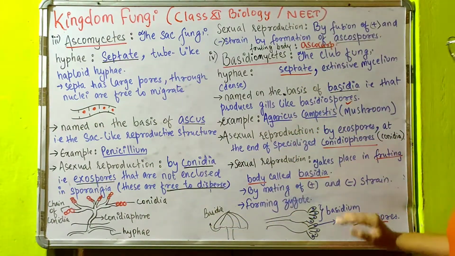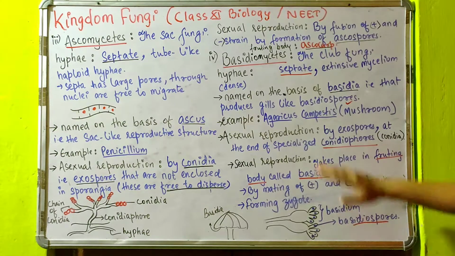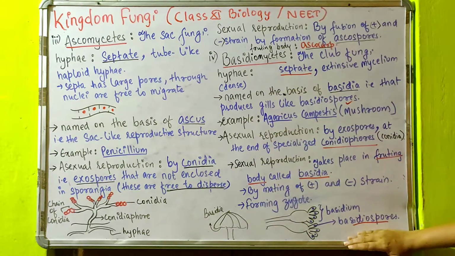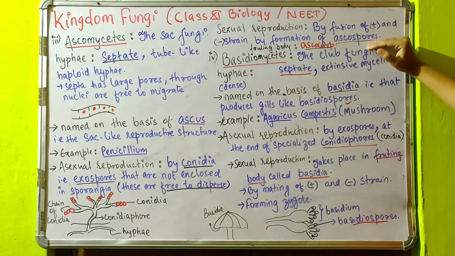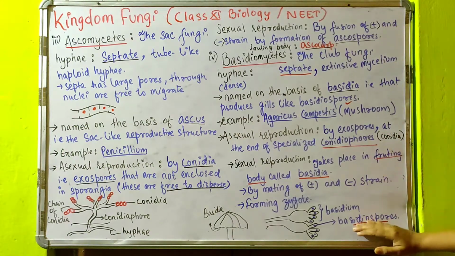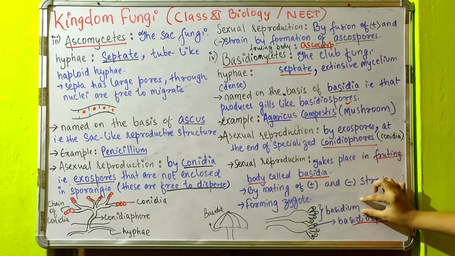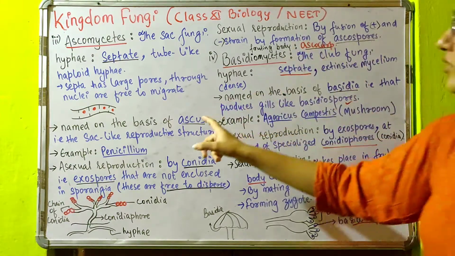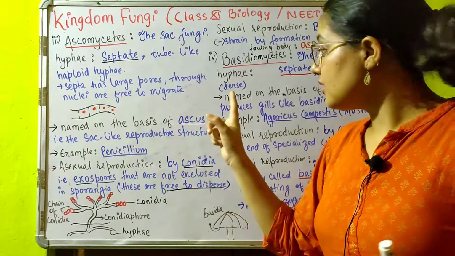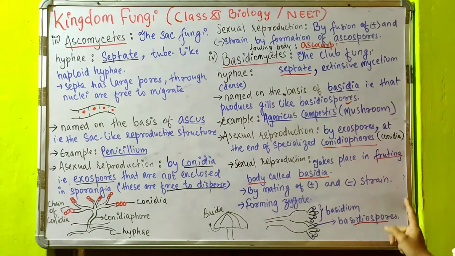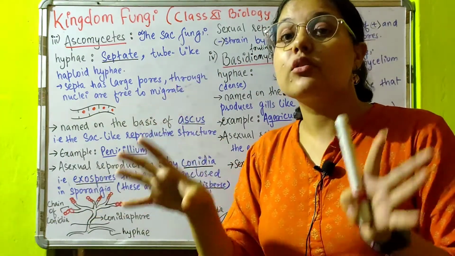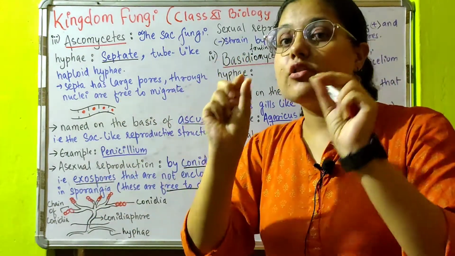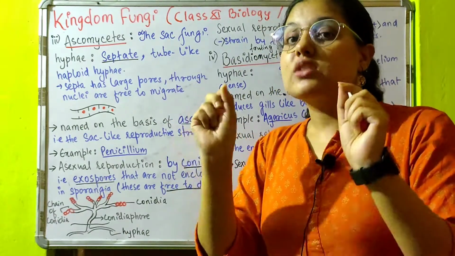The main difference here is that the spores in the case of basidiomycetes are known as basidiospores, and the spores in the case of ascomycetes are known as ascospores. These sexual reproductive spores are different, and this part is known as basidium, while there the part was named ascus. Ascus and basidium, basidiospores and ascospores: these things are the only differences, the sexual reproductive structure and the sexual reproductive spores.